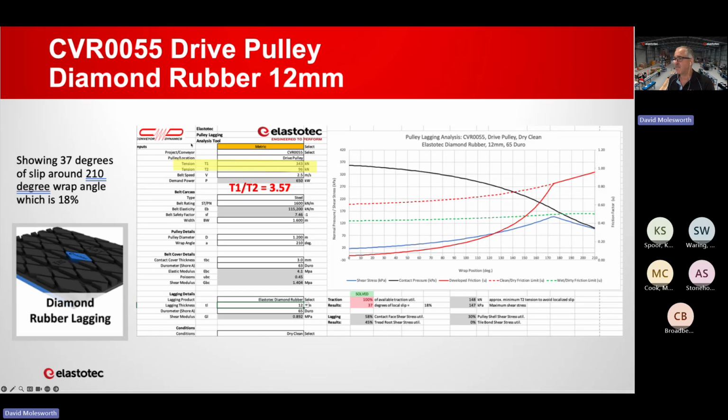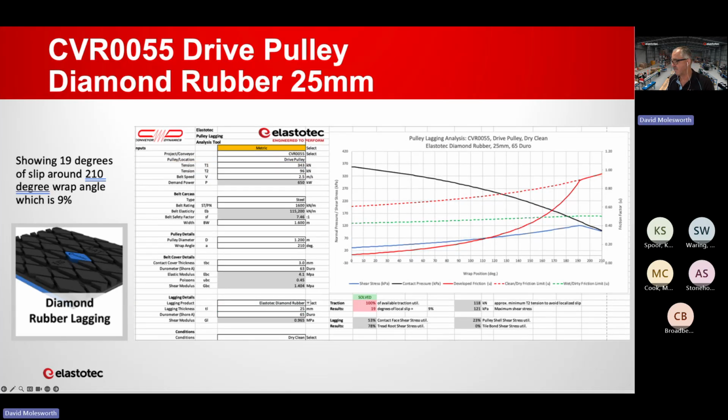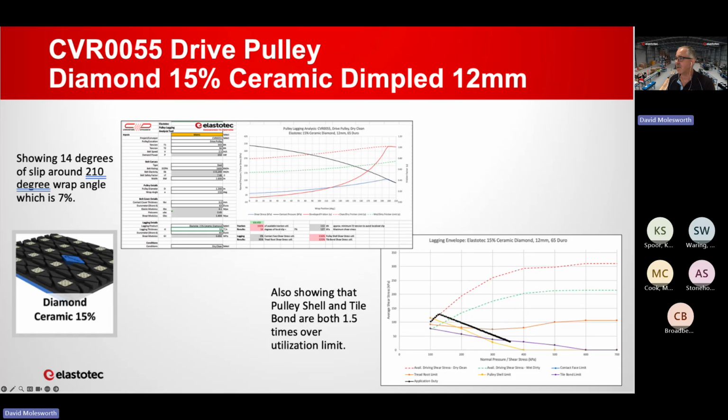So this is 12 mil diamond rubber. You can see the graph there. We go to 25 mil. Graph doesn't change much. You can see down the bottom here there's a little bit of slippage. So this is all on the same conveyor, and we're just analysing the different laggings. Then we look at 12 mil diamond ceramic, and I'm not going to go through the individual graphs because it's really the summary at the end that's important.